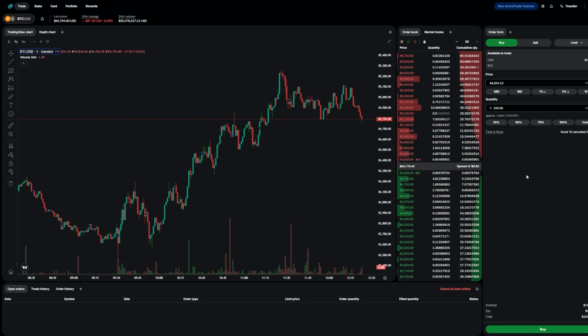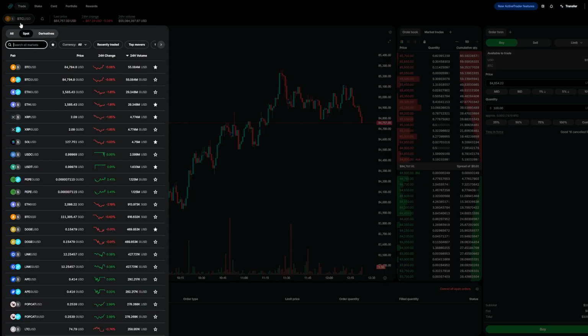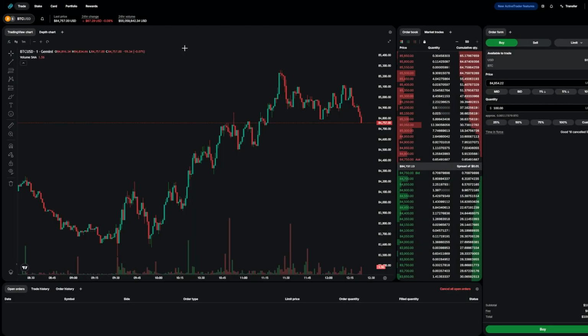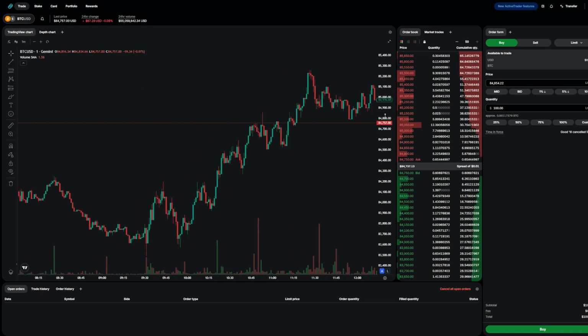I think one of the biggest takeaways here is that you're going to get a lot of different variety. You get new order types, you get lower trading fees, you get more trading pairs, as you can see in here. So it's giving you a lot more options, a lot more freedom. And for anybody that is a little bit more on the advanced trading side of the market, this could definitely be something for you to go ahead and look at for yourself.